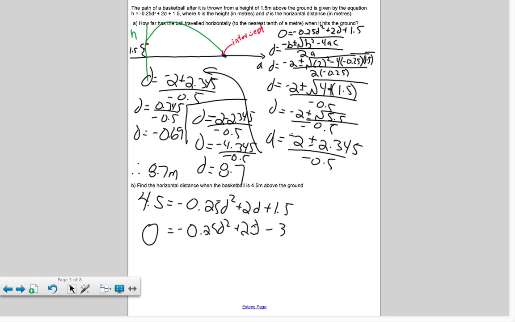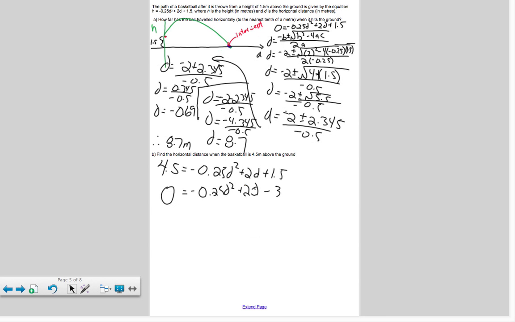Using our quadratic formula, plug in the numbers. So 0 is equal to negative 0.25 D squared plus 2D minus 3. D is equal to minus B plus or minus the square root of B squared minus 4AC, all over 2A.